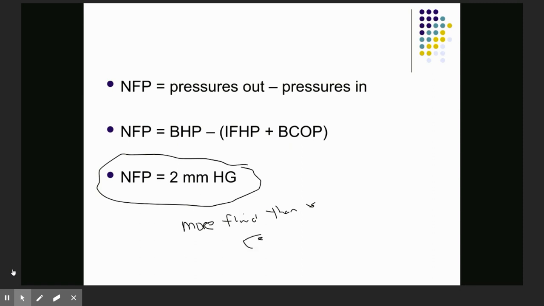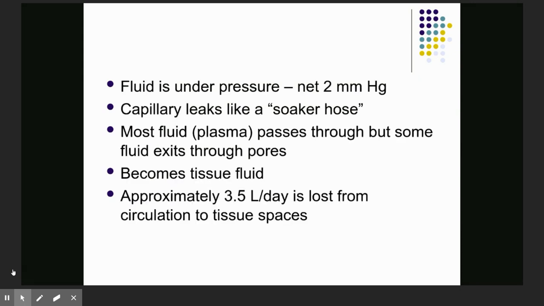That fluid is going to collect in the tissue spaces. And over time, there's going to be a lot of fluid. In about 24 hours, in other words, one day, this is how much fluid is going to leak out of the capillaries into the tissue spaces.